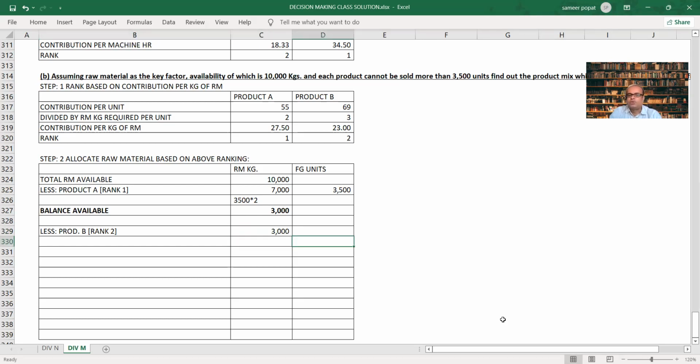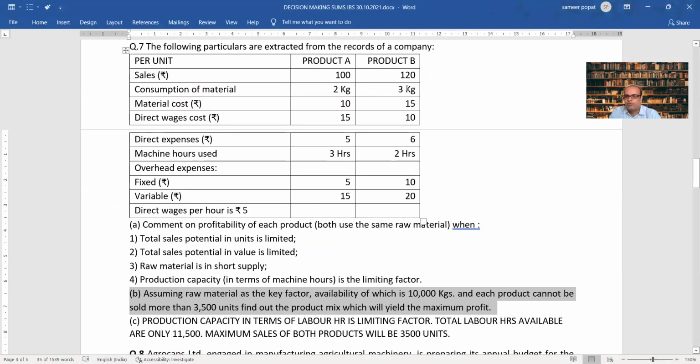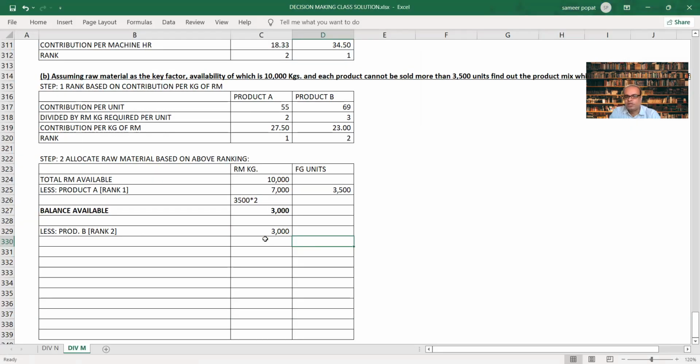Now using this 3,000 kg, we need to find the quantity of finished goods that we can manufacture. Here, each unit of B requires 3 kg of material. So out of 3,000 kgs, 3,000 divided by 3, that means we can manufacture 1,000 units.